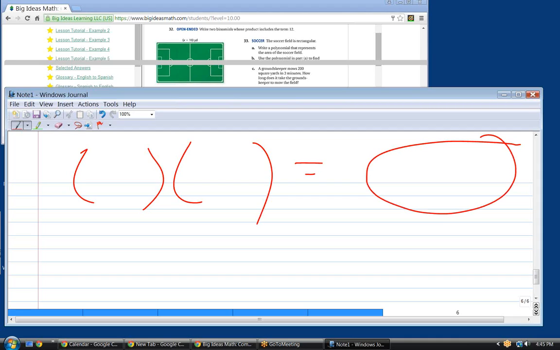So maybe 3x plus 2, times, sorry, times. That's what product means: two things multiplied or three things multiplied. Times 6x plus 4.